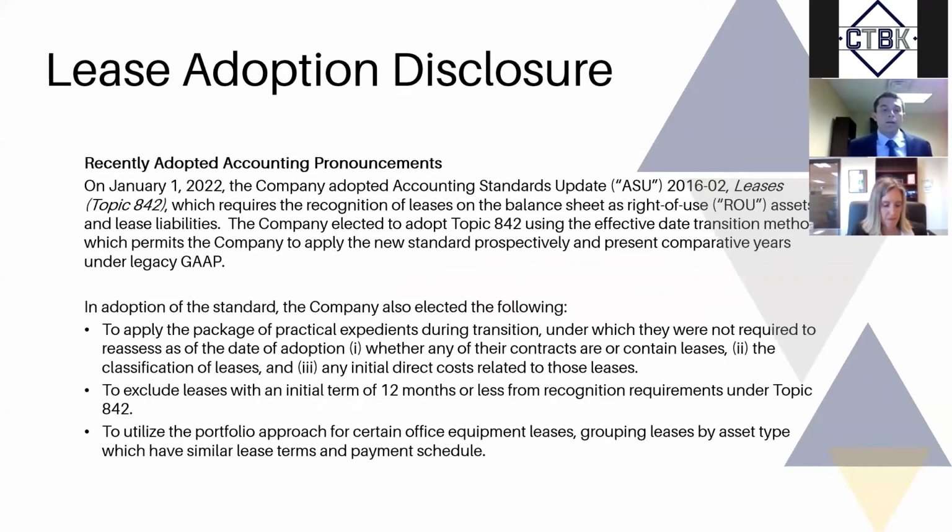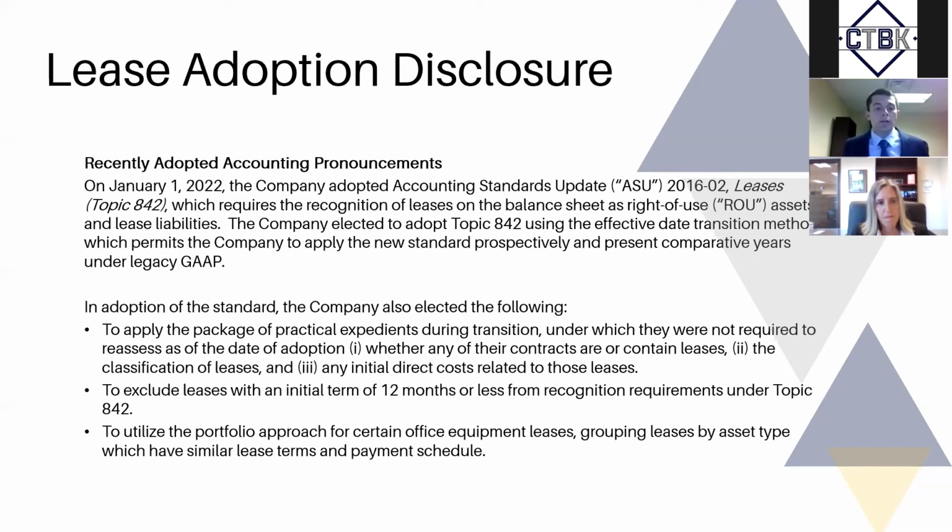So presented here is an example of language that would be included in footnote 1 of the summary of significant accounting policies in the year of adoption of topic 842. As you can see, the disclosures include the method used to adopt the new standard, which in our example is the effective date transition method, which again is the more simple and recommended transition approach, a prospective approach with prior periods not adjusted.